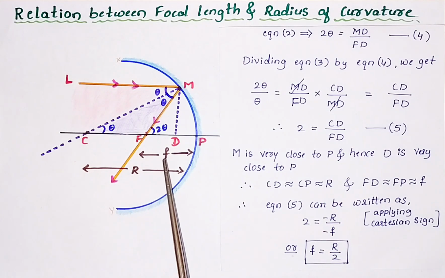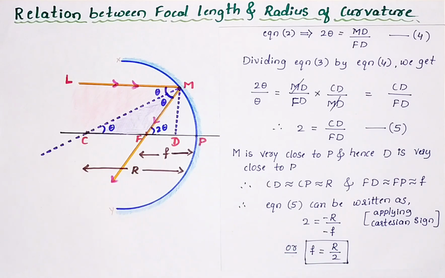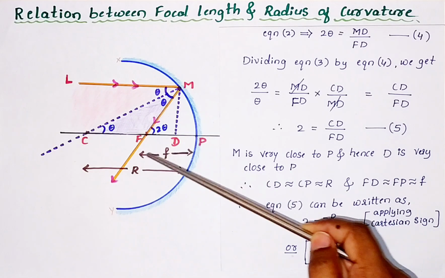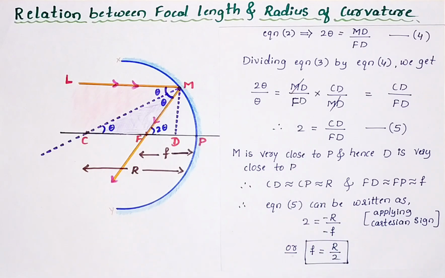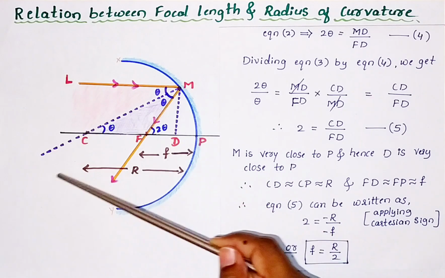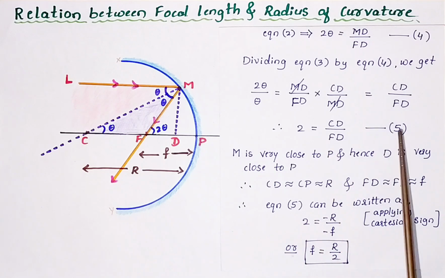Similarly, focal length, that is the distance between the pole and the principal focus. This distance is also against the direction of the incident ray. So if it is against the direction of the incident ray, again it is taken as negative. This is according to the Cartesian sign convention. Equation 5 becomes 2 equals minus R divided by minus F. So the negative sign gets cancelled.